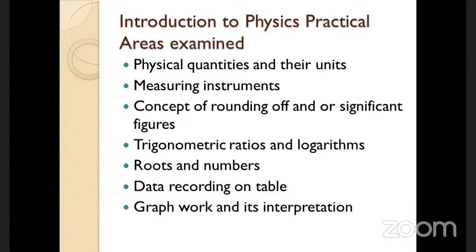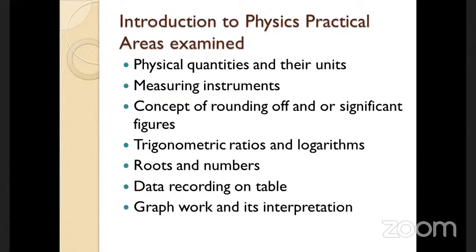Next that we have is the area of trigonometric ratios and logarithms. How do we move on to record, to work out areas concerning trigonometric ratios and logarithms?